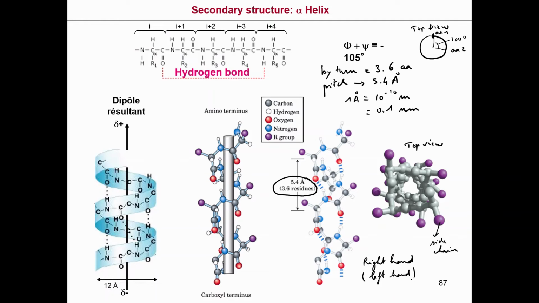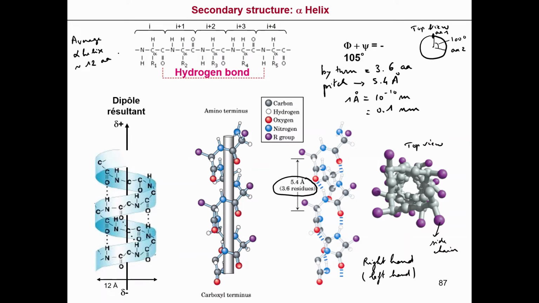If we take all the data about all the alpha helices, on average, an alpha helix contains around 12 amino acids. Okay? But it means that you can have more than 12 amino acids.